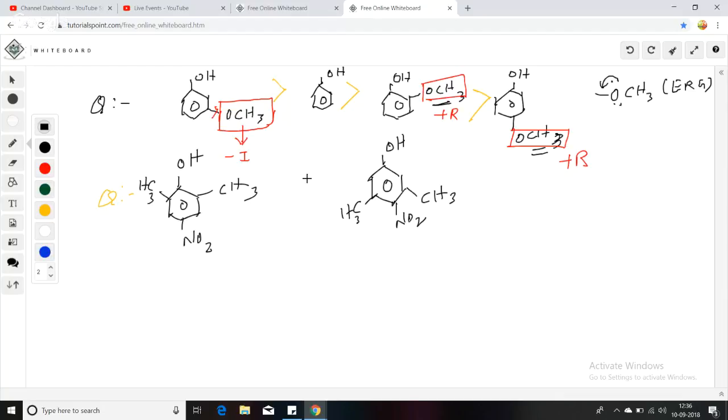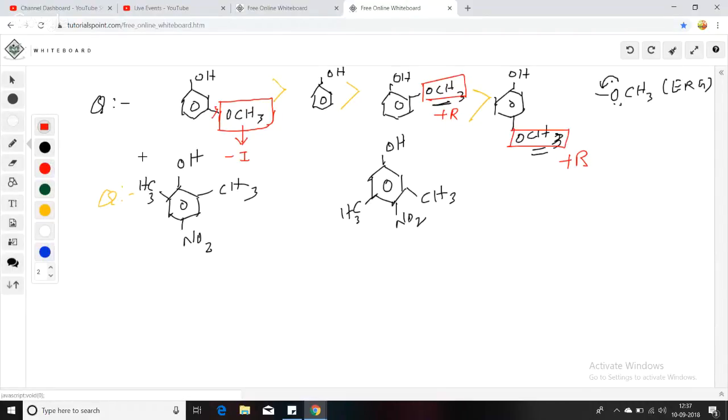Now you see, if I consider the first compound, how do you approach this question? First of all you have to understand that when any group is present at the ortho position, there may be some SIR, steric inhibition of resonance.